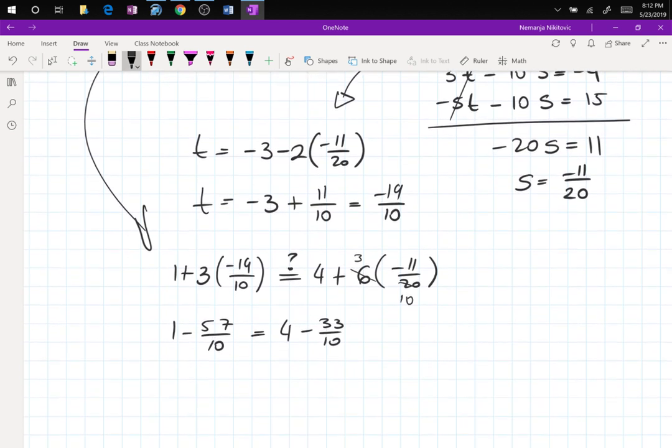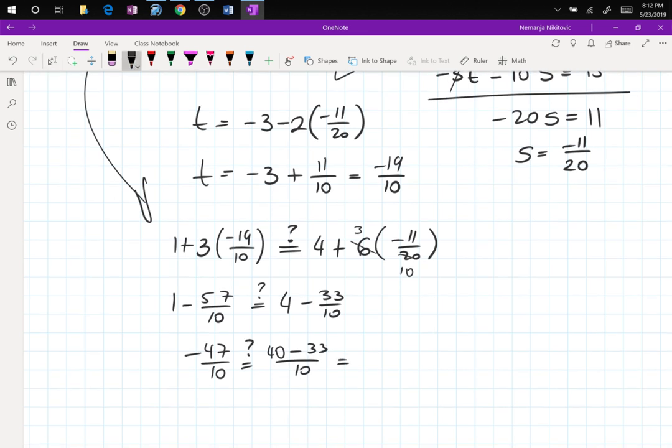This is 10 over 10, so negative 47 over 10. And this is 40 minus 33 over 10. That's equal to 7 over 10. So it doesn't work on the third equation, so it fails there, and we have skew because they do not intersect.